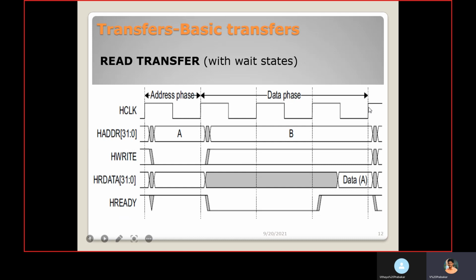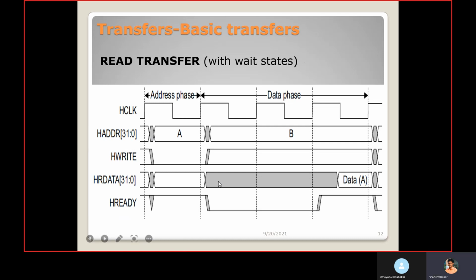At this passage of clock, HREADY is 1. So it releases the data. This data will be assigned to HRDATA. So this data will come to the output at this passage of clock. Until this, you may get some other value also. When HREADY is 1, that value is the original value which is stored in the A location. Until then, you may get some random values also.